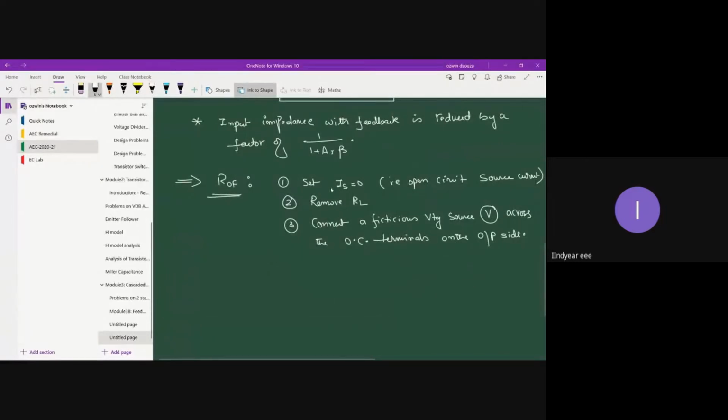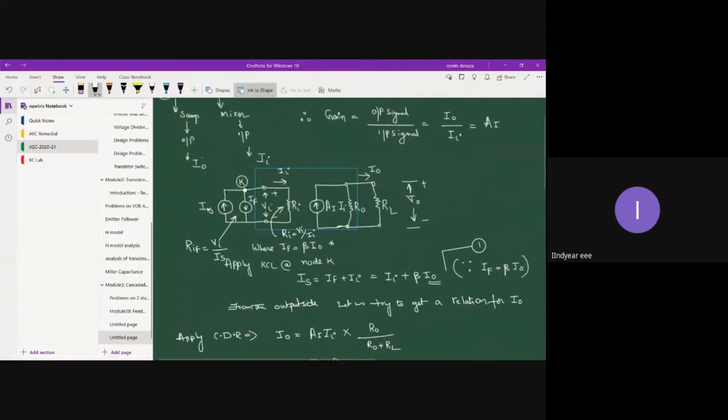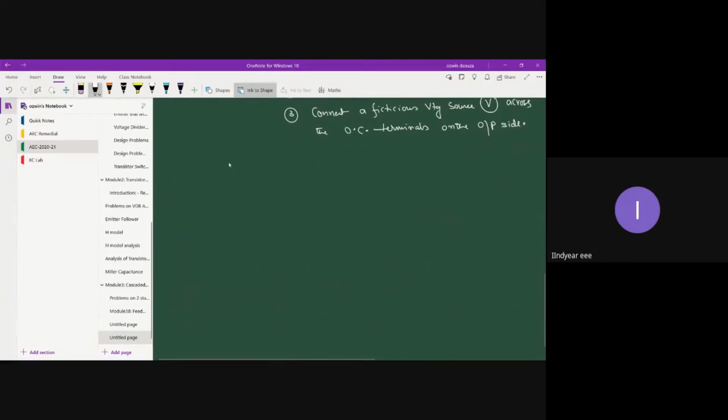Let's apply step number one. Let us open circuit the source, so IS I'm going to open circuit. When I open circuit IS, this is what I am going to get on the input side.